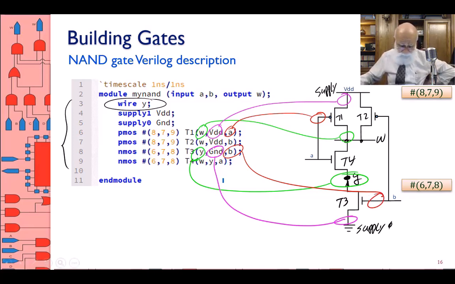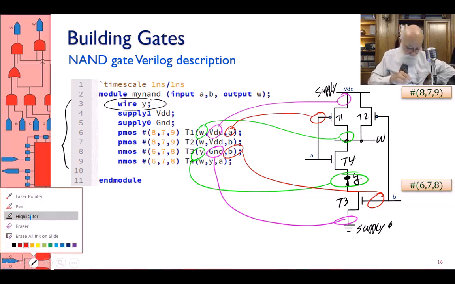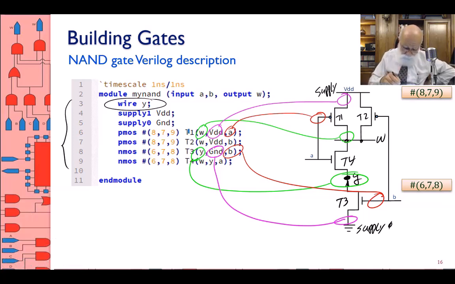All right. So this is the Verilog description of this, and I have also included, like I said, the delays and the transistor names, or instance names. These are not mandatory.